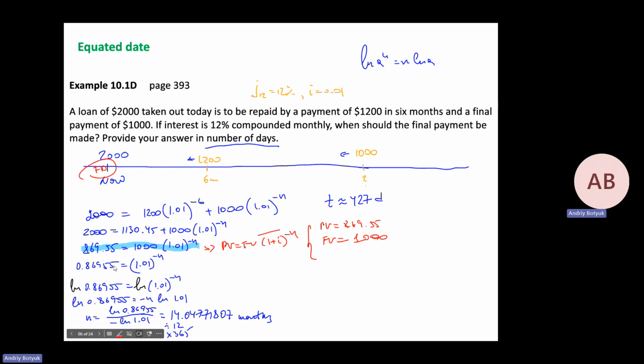And instead of doing all this black magic I call algebra, we can use that formula right away and say n is logarithm of future value over present value, divided by logarithm of 1 plus i. Therefore I have logarithm of 1,000 divided by 869.55, over logarithm 1.01.